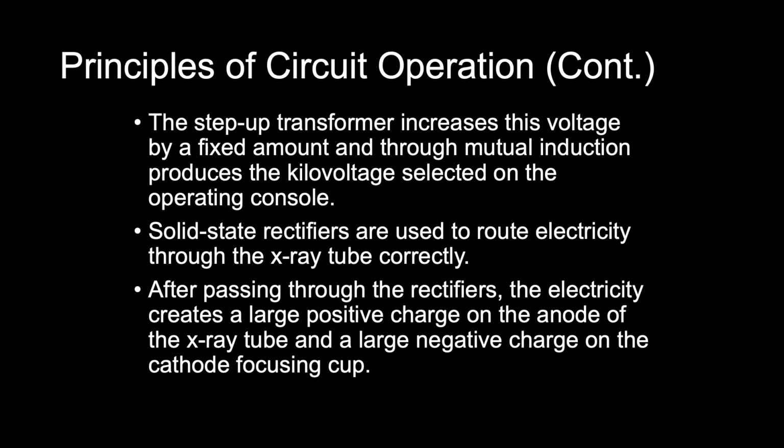Remember, the rectifiers are one-way valves, and they route the current from positive to negative and electrons from negative to positive. After passing through the rectifiers, the electricity creates a large positive charge on the anode of the X-ray tube and a large negative charge on the cathode, or the focusing cup, which is the part of the tube that surrounds the filaments.